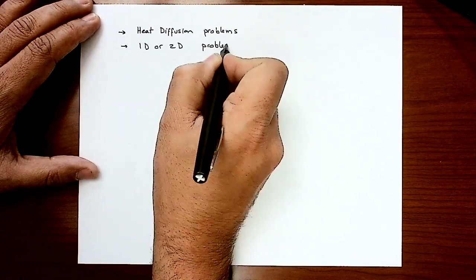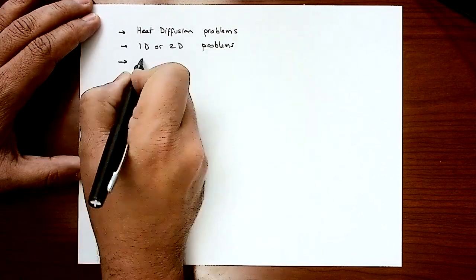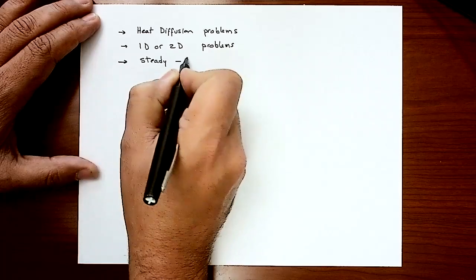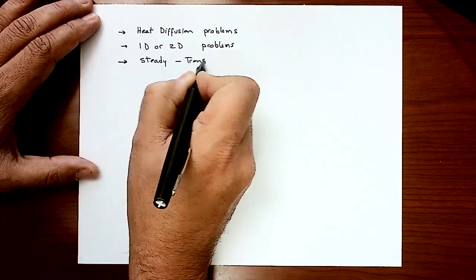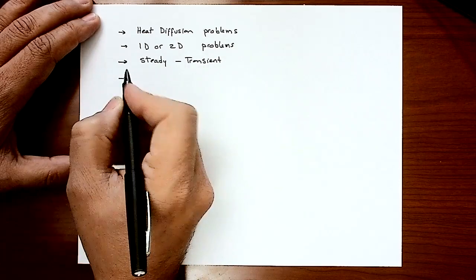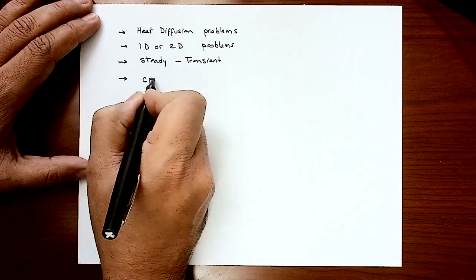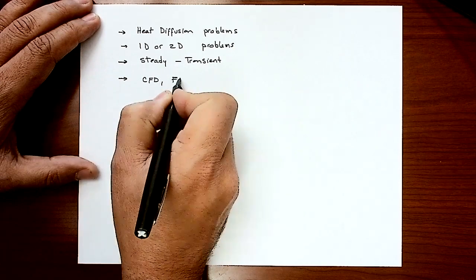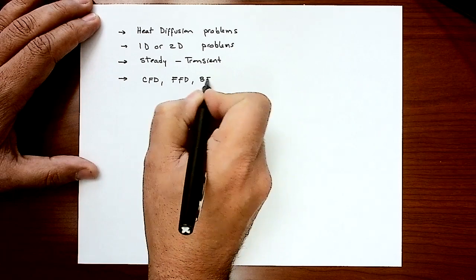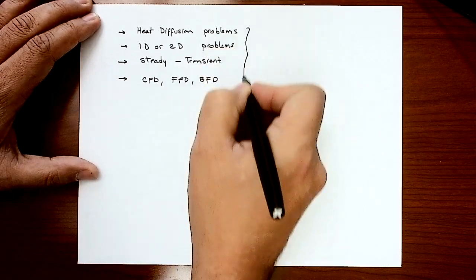We can solve these problems either in one dimension or two dimensions, either steady state or transient. And we can do that by implementing any type of finite difference method: central finite difference if we need to, forward finite difference, or backward finite difference. So this is what we have so far.